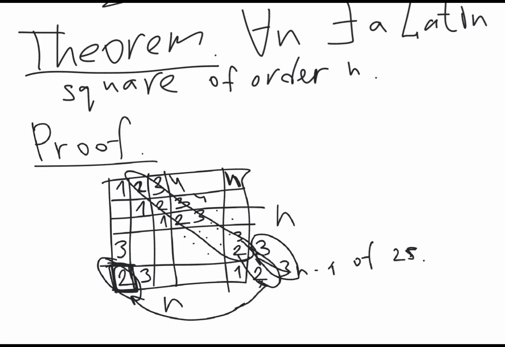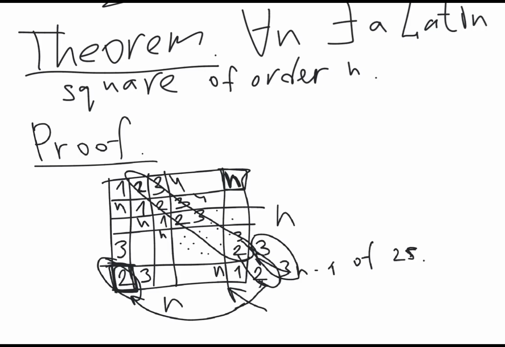N would be in the last cell, and this diagonal corresponds to the next diagonal here. So basically we filled the table by diagonals. In each diagonal, modulo n, there is the same number.